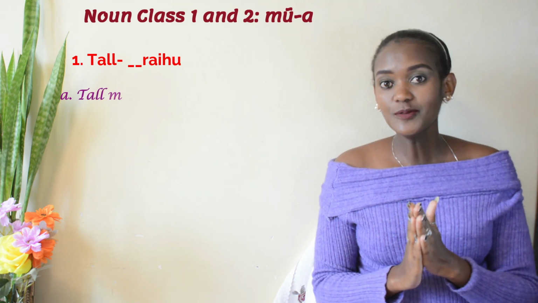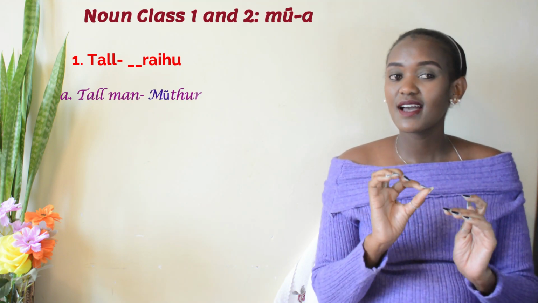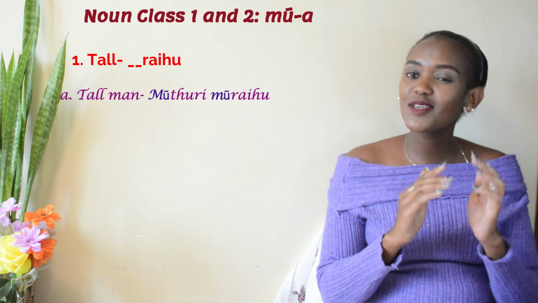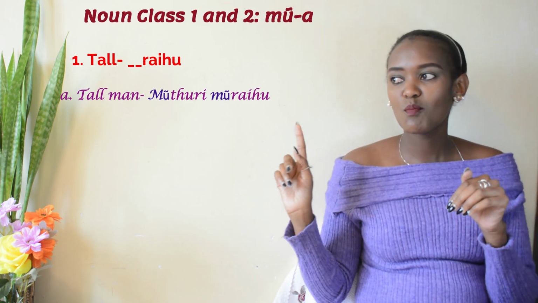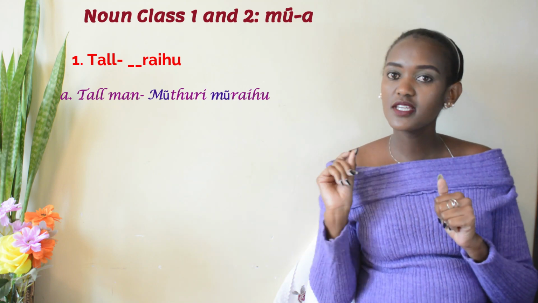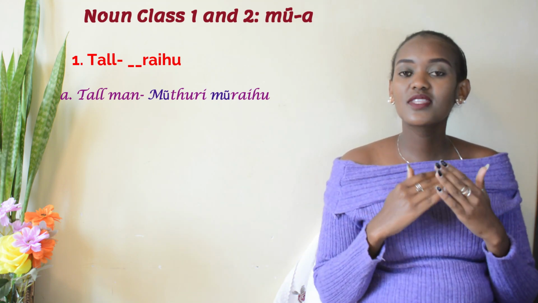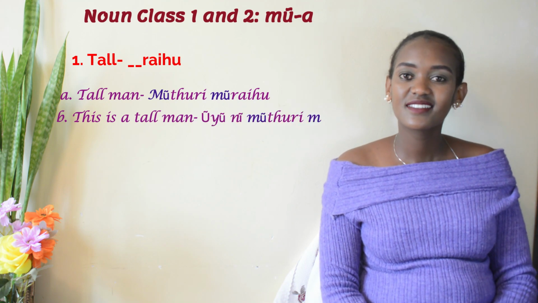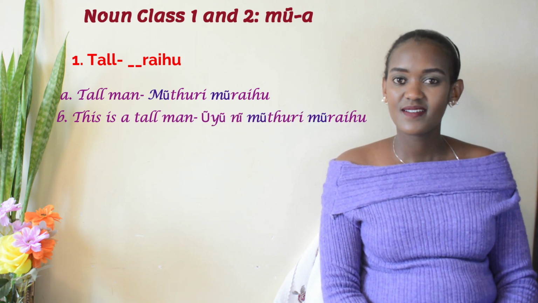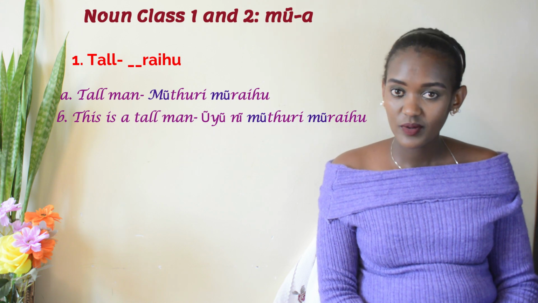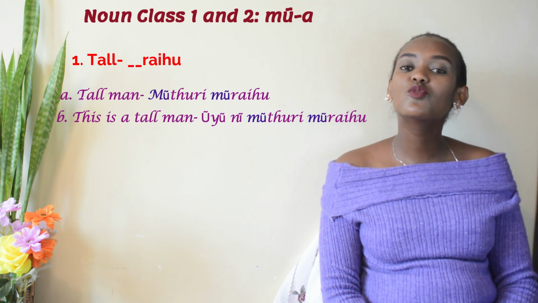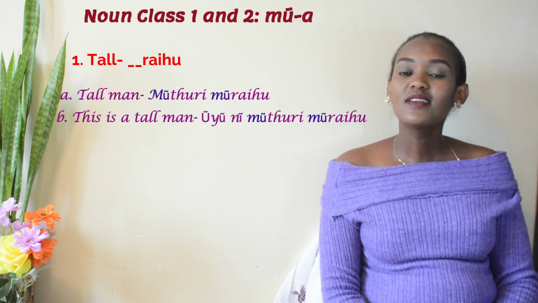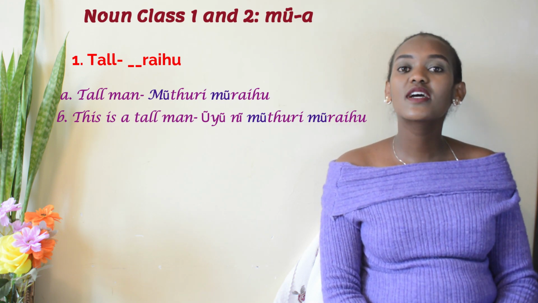For example, if I wanted to say a tall man, I'll say muduri. Because of this mo, it will be moraihu. So this is a tall man. How do we say that? Oyo ne muduri moraihu.